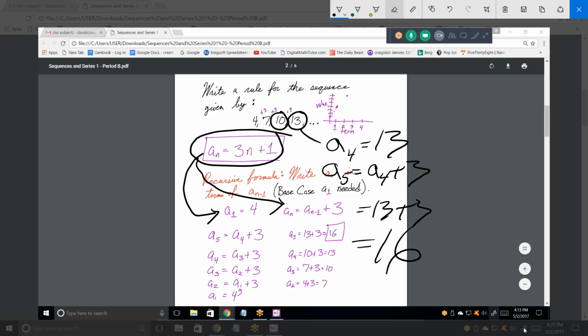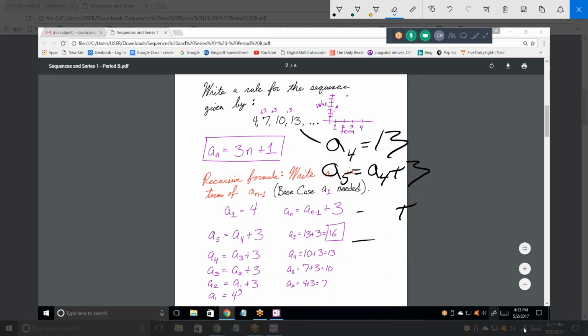So, like I said, I spent 3 years trying to figure out why we are fed this recursive formula stuff, because I never knew where to use it. And it wasn't until I had a Calc 3 student the other day who had a problem that involved the recursive formula. So I did have a use for it after all these years. Yeah, in other words, all these answers he gets here are pretty common sense.